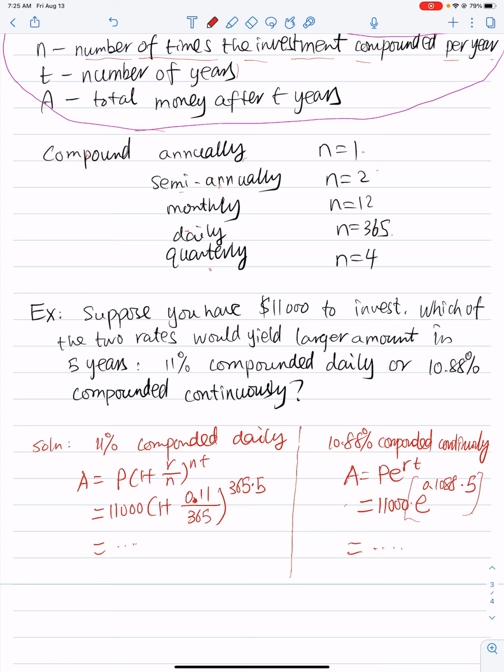Otherwise, if you forget the parentheses, it will give you so much trouble. Calculate this part first and then multiply this. Otherwise you will get so much trouble. And actually, in the end, when you calculate, the hint is 11% will be better. Okay, so work on it and let me know.